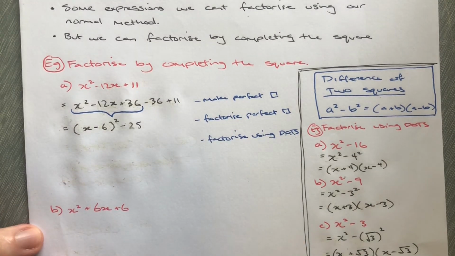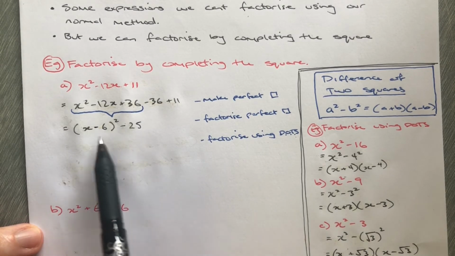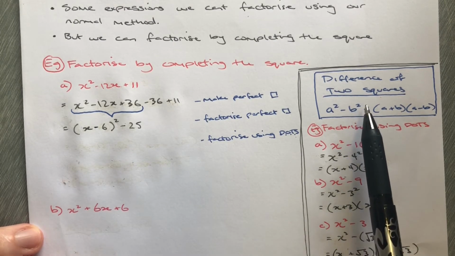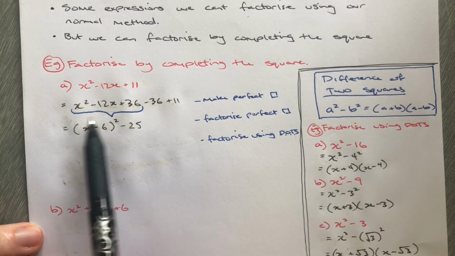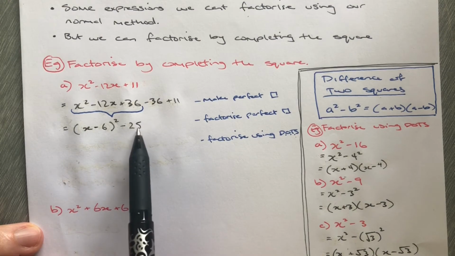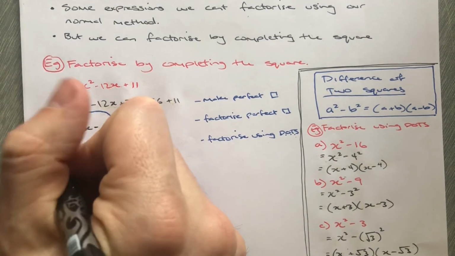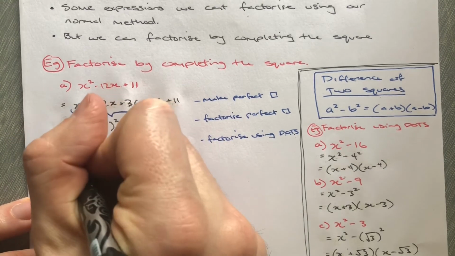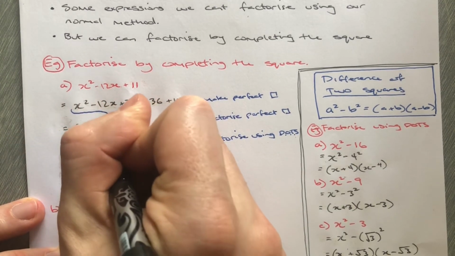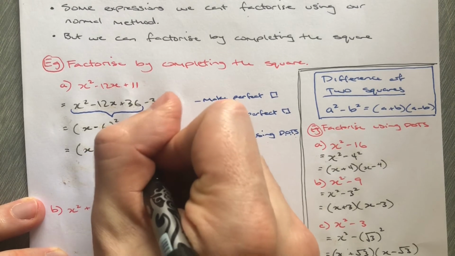Alright, now what you might not notice yet is that this here is actually a difference of two squares that we did before. We have something squared minus, this could be something else squared. So we can change this to x minus 6 squared minus 5 squared.